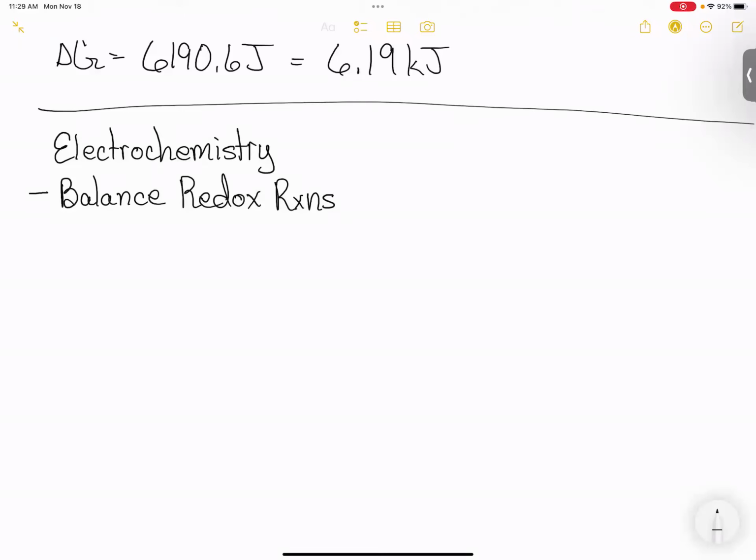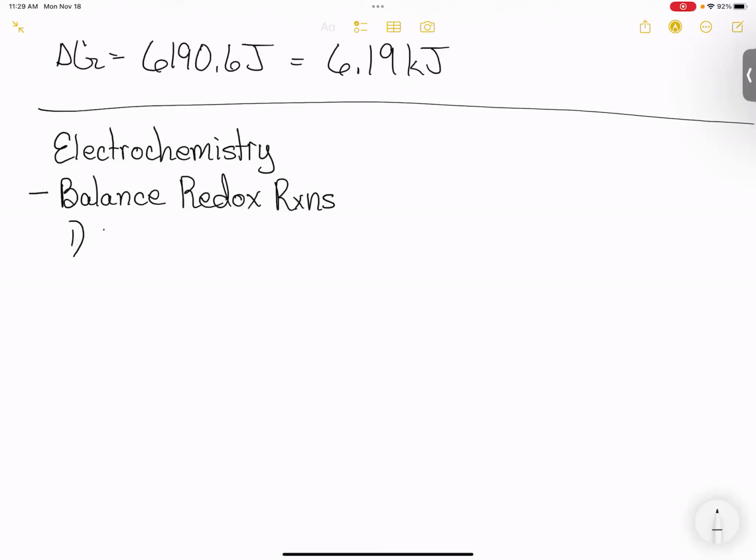When you start getting into redox reactions, you not only have to balance by mass, but you also have to balance by charge. And so it's a mass and charge balance process. Now, the simplest method to do balancing redox reactions is to use half reactions. These steps are going to be slightly different than they were online, but only slightly.